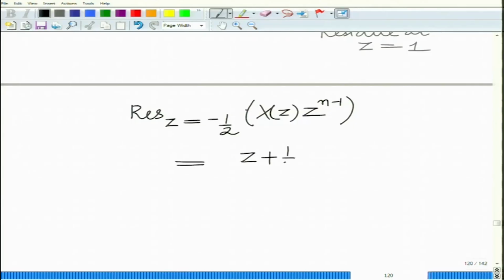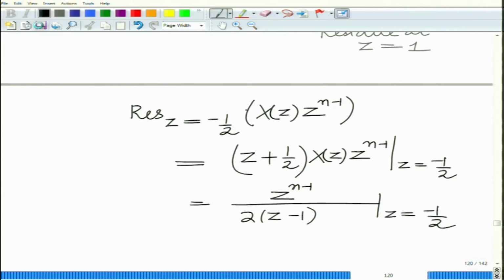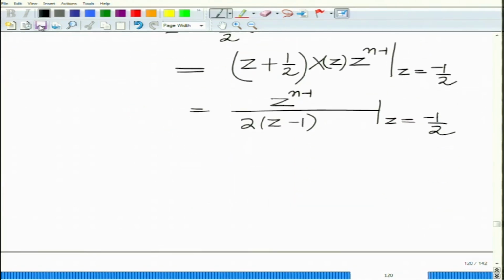Okay. So, that is the residue at z equal to minus half. That will be z raised to n minus 1 over (2z minus 1) evaluated at z equal to minus half.